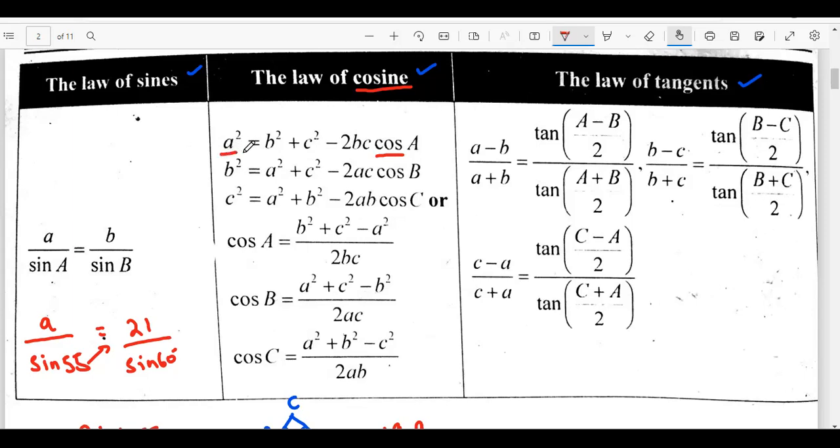So it says a squared equals b squared plus c squared minus 2bc cos a. Whatever alphabet is coming here, we have cos of that. Okay. And then the other two sides are coming here this way. So a squared plus b squared, then we have a minus in cosine. Always remember, this is minus 2ab cos c.